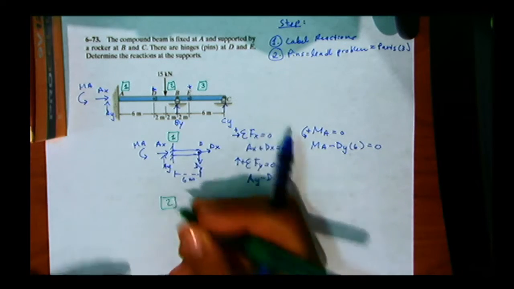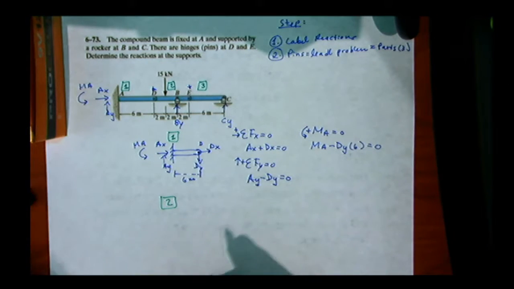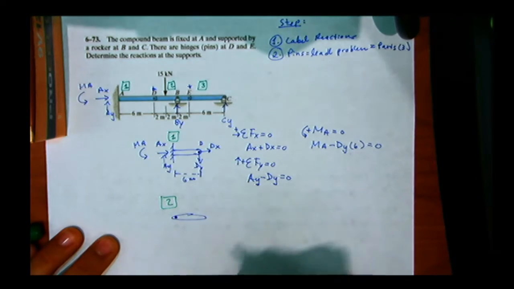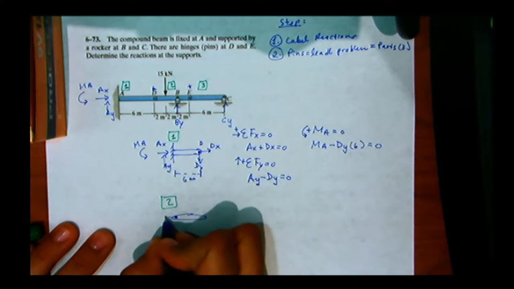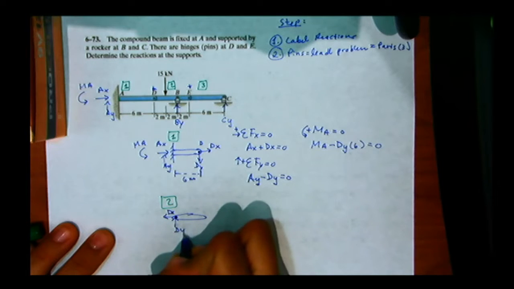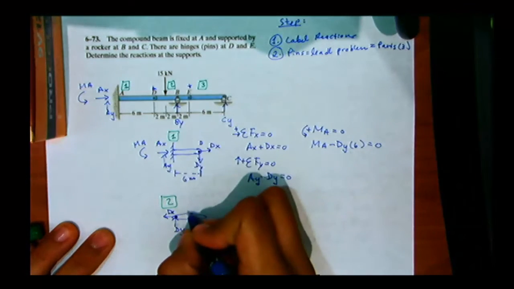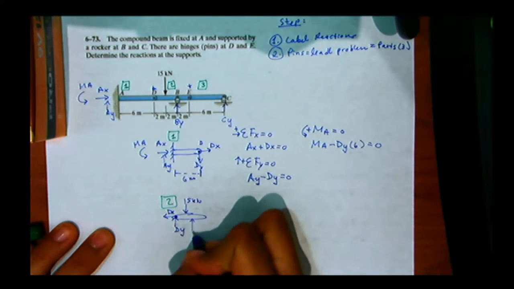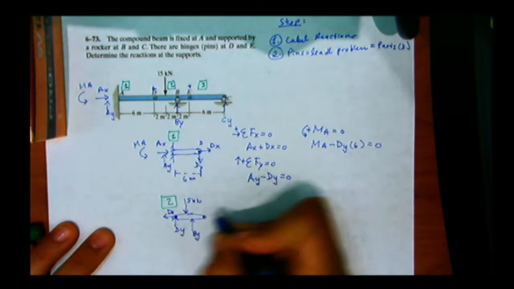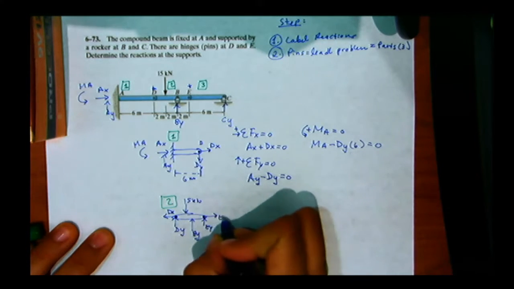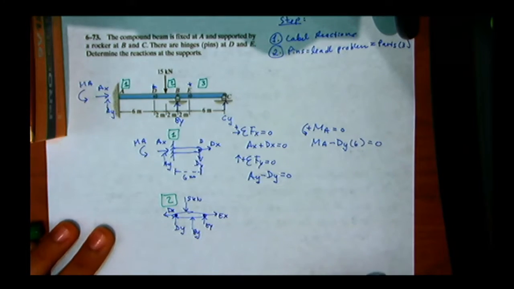So DX, and DY is going to go up. We have a load. We have BY. And we also have point E on there. Okay? We could do the same thing we were doing up here, right? So sum of forces about y. Oh, hold on.